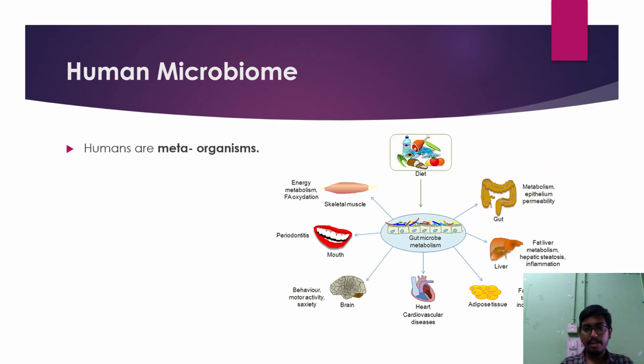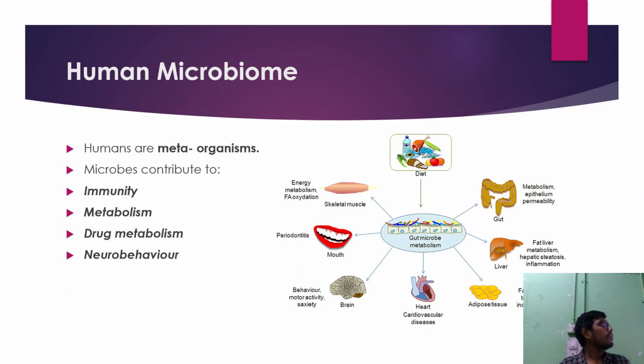Energy metabolism, fat metabolism in the liver, hepatic steatosis. All things are associated with the gut microbiome. So diet, gut dysbiosis, gut health, everything is associated with this. So microbes contribute to immunity, metabolism, drug metabolism, and our neurobehavior.